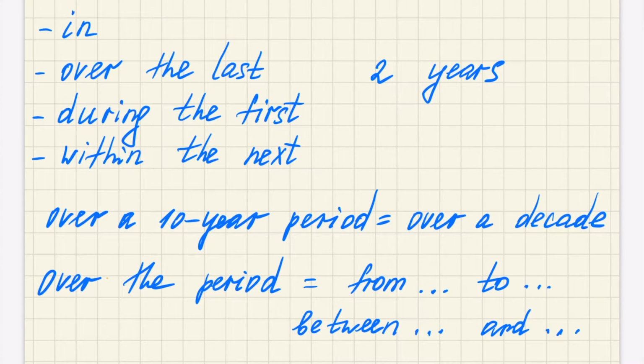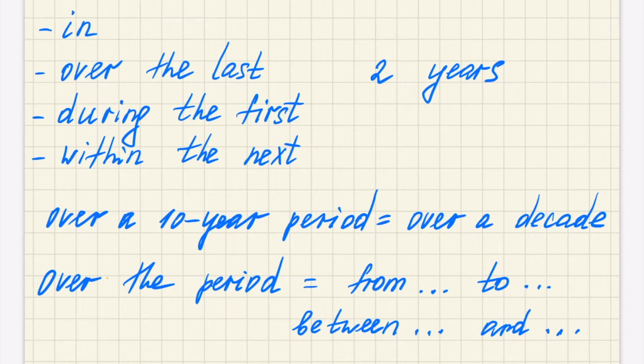And I gave an example of over a 10-year period, in case you have a 10-year gap between the given period and the last period. With your statistics, you can write over a 10-year period or over a decade.